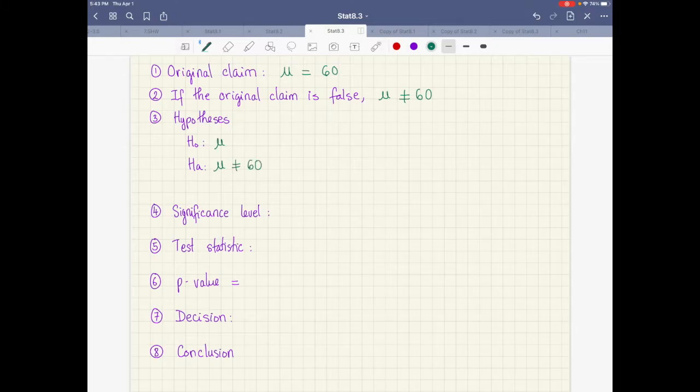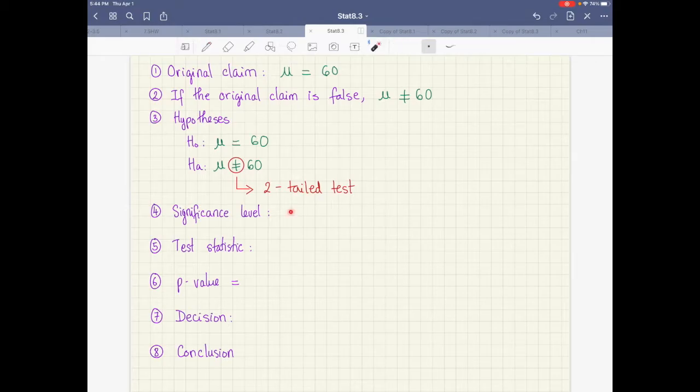And my H0 always contains the equal sign. In order to determine whether my test is a two-tail test, right-tail test, or left-tail test, I am looking at the inequality of my HA. HA contains not equal to, that means I am going to have the two-tail test.